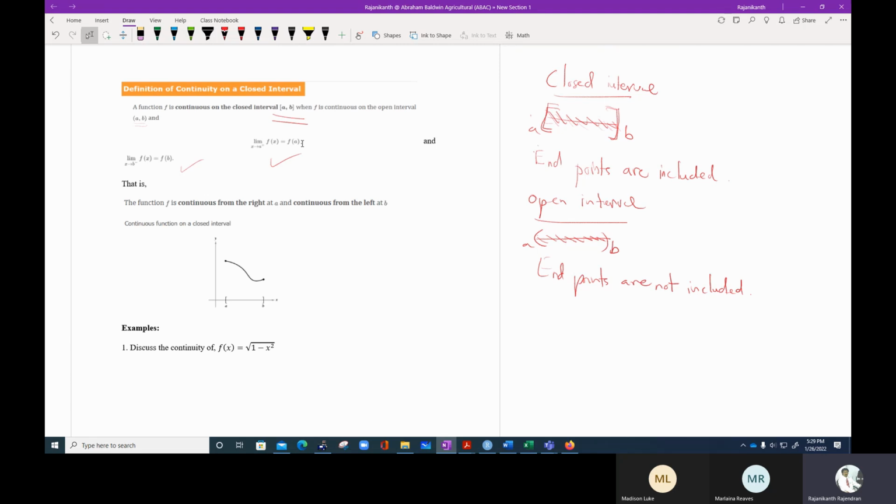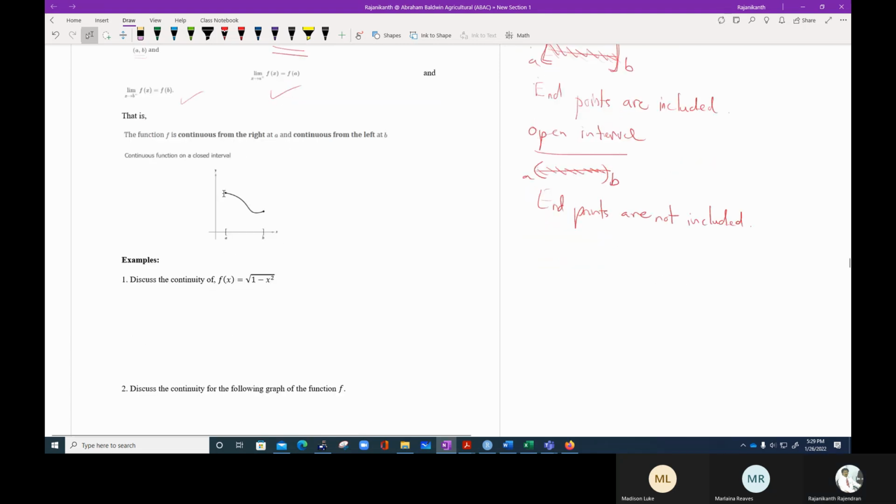Look at this picture. The function is continuous. We all know the meaning of continuous: the function is smooth everywhere inside A and B. So this is the given closed interval. The function is continuous, and the endpoints are also defined. So the function is continuous on the closed interval AB.